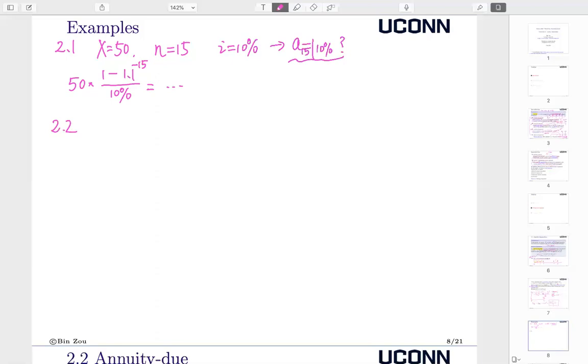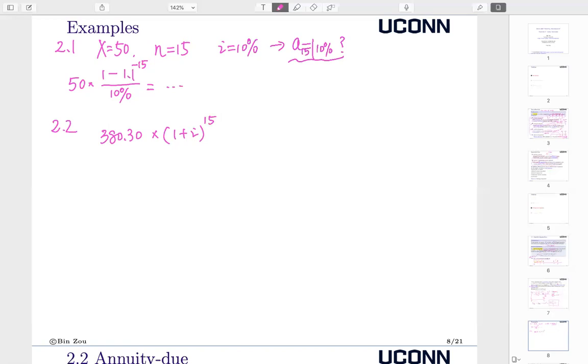Example 2.2 is pretty much the same question, except now you need to determine the accumulated value at time 15 years. So whatever you calculated here, what is the value? I think it's about $380.30. Now you want to know the accumulated value, so what you do is multiply by 1 plus i to the nth.